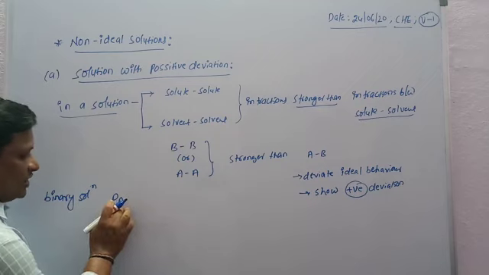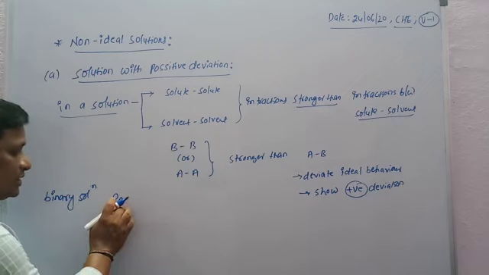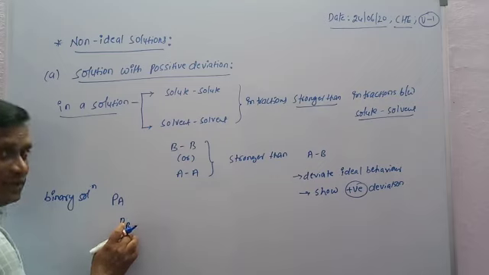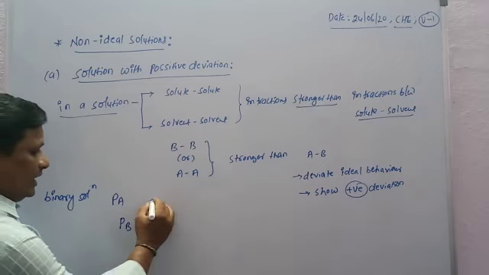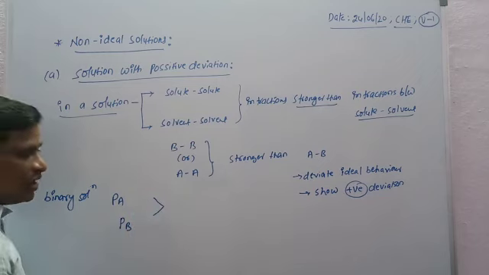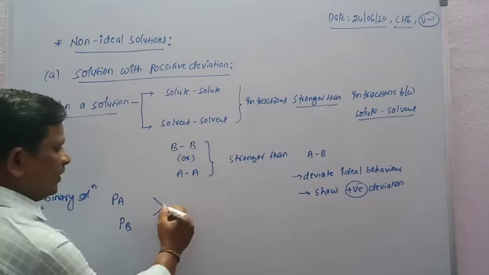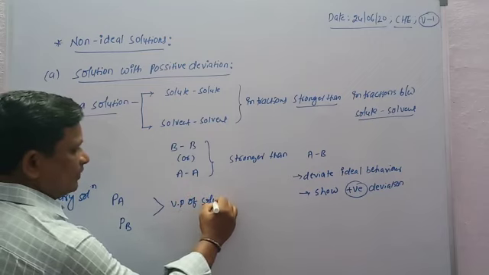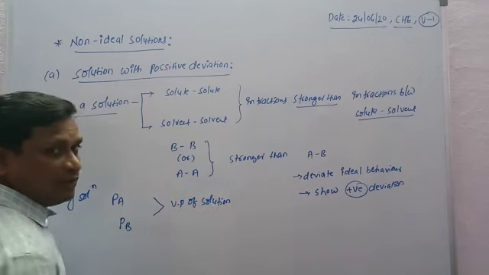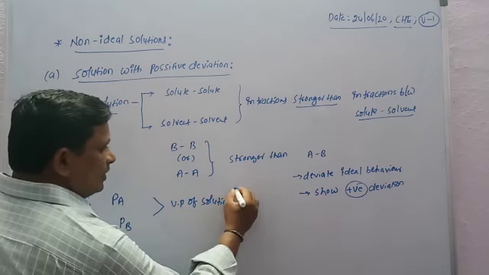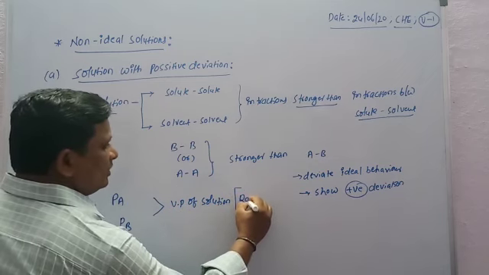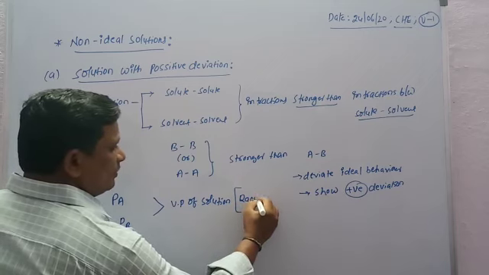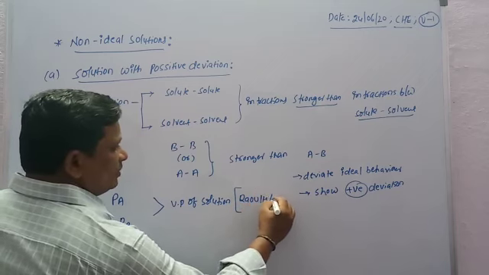So it is the partial vapor pressure of the solvent, and it is the partial vapor pressure of the solute. It is greater than the vapor pressure of the solution with respect to Raoult's law.